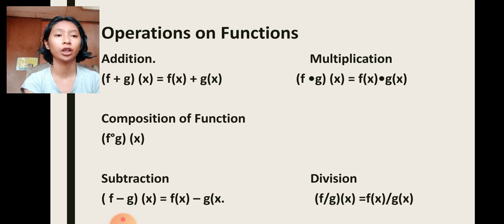In multiplication, f times g of x is equal to f of x multiplied by g of x. Composition of functions is f composed with g of x. Subtraction, f minus g of x is equal to f of x minus g of x. In division, f divided by g of x is equal to f of x divided by g of x.